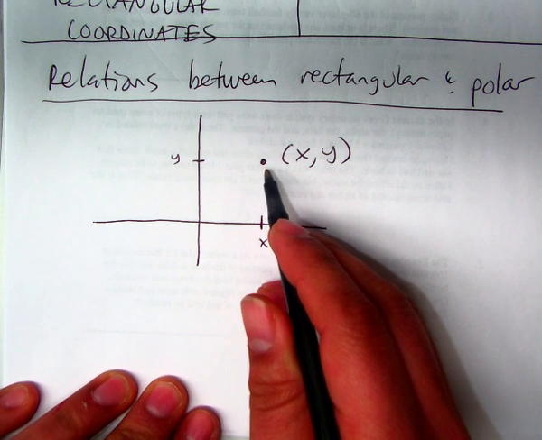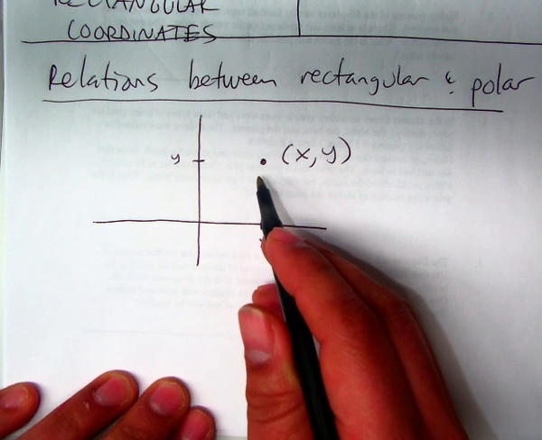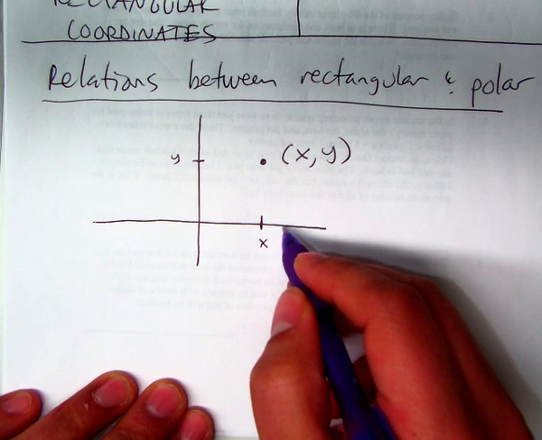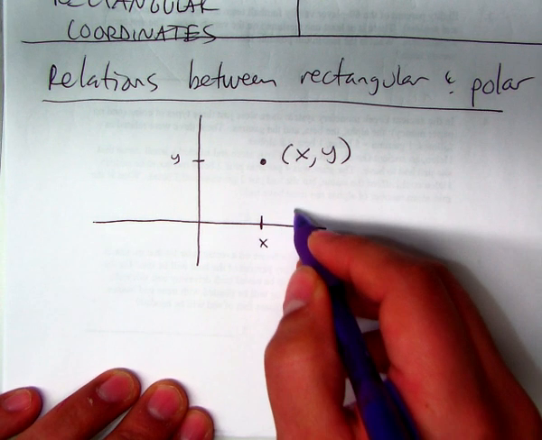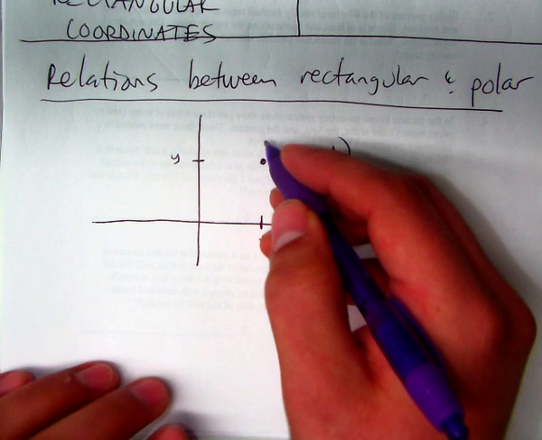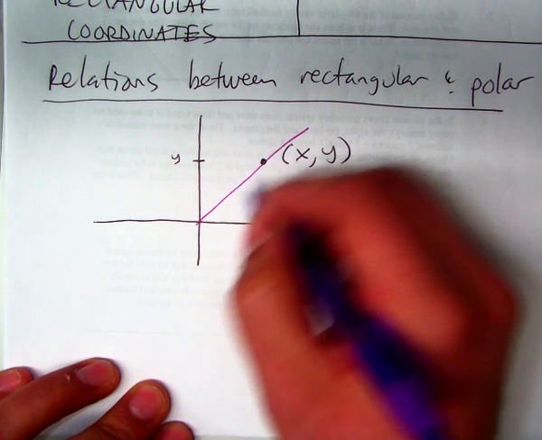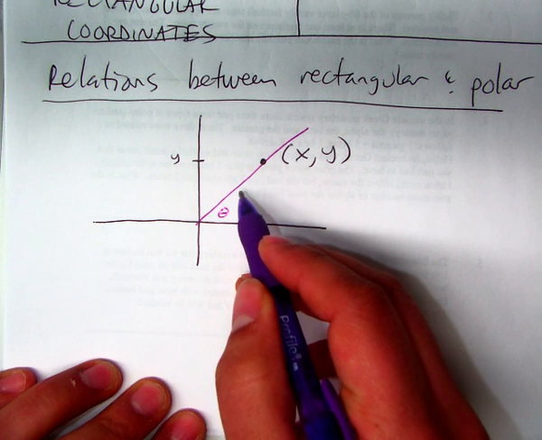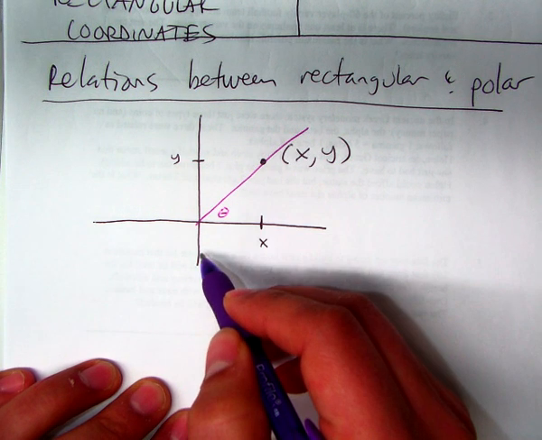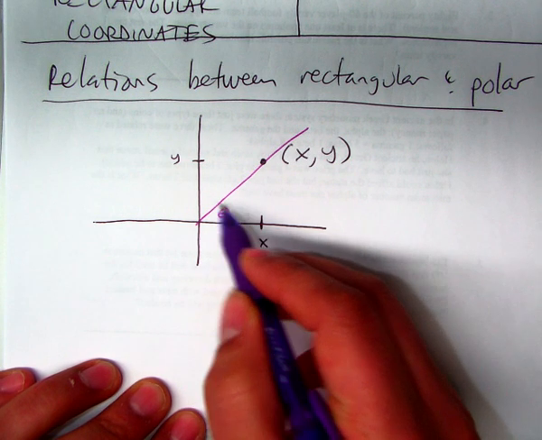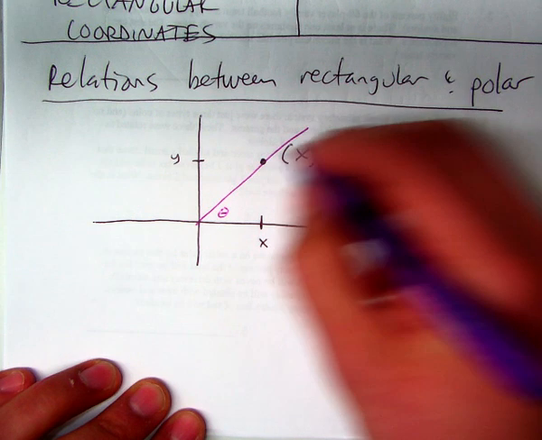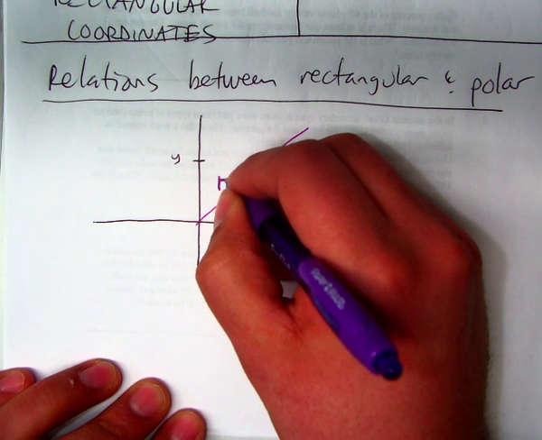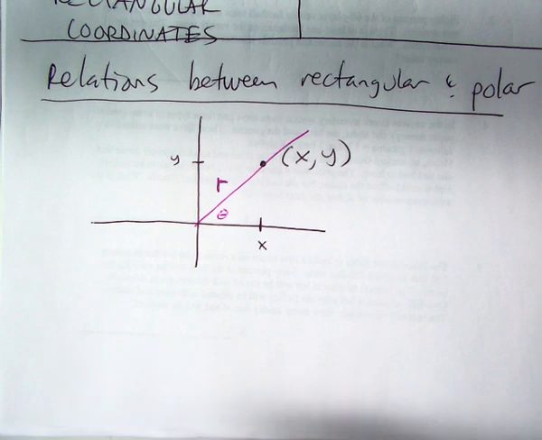Now, if we wanted to do this in polar, you would be told to do what? Start here and rotate an angle. So let's do that. Draw it in. And once you've rotated that angle, go out the radius.